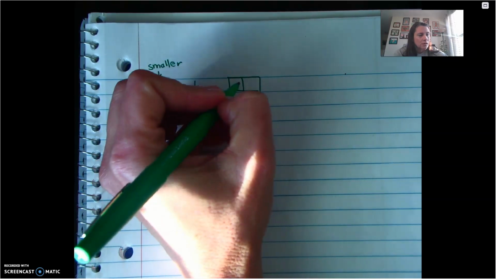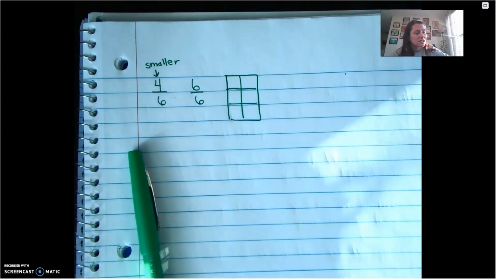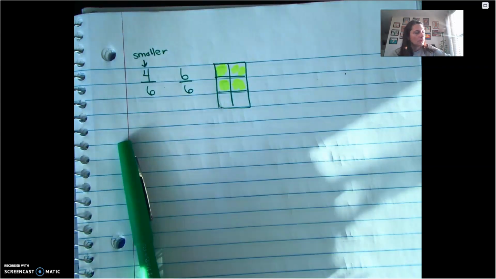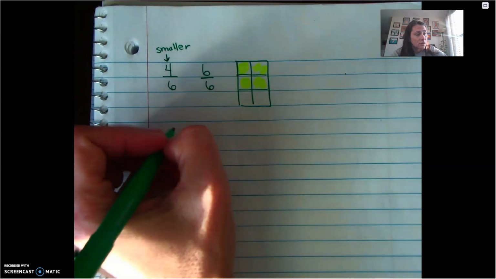Now we're going to talk about fractions that are bigger than 1, and they can be written in 2 ways. So if we did our picture, and we have our 4/6, that is smaller than 1 whole. There's going to be 2 ways.